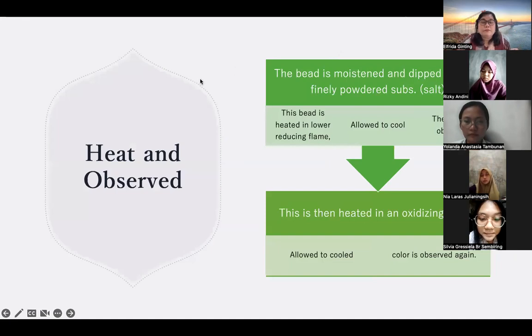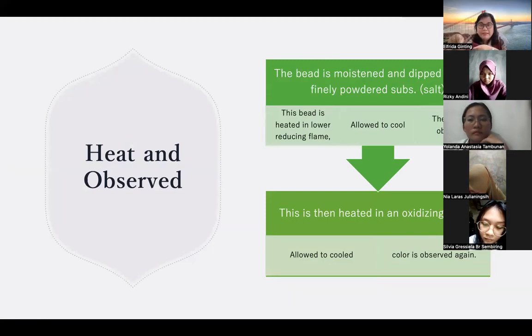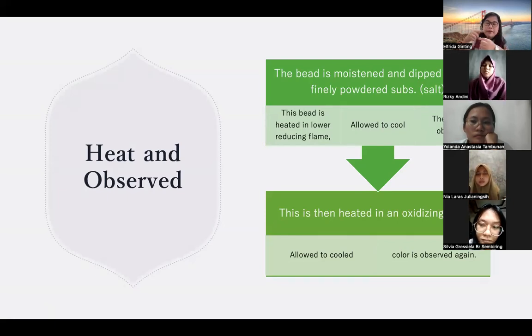Okay, now heat and observe. So for example, the bead is moistened. Remember, you have a platinum wire. You heat it until it has a flame, and then you dip it into the borax. The borax will produce a glass-like material.